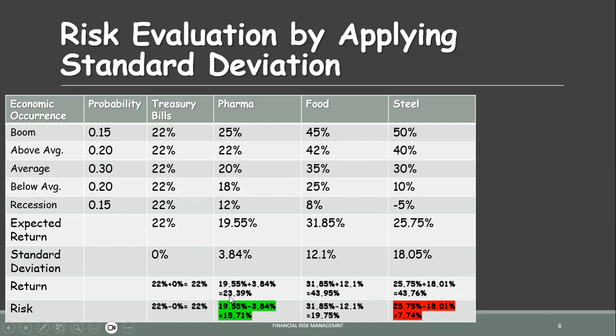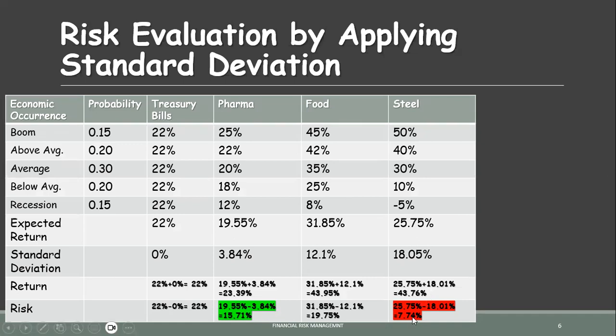If you can see here, it's 23.39% is the return, and it comes to 15.71%. In a similar way, you can have the variance by 12.1%, and here we have the variance by 18.01%.